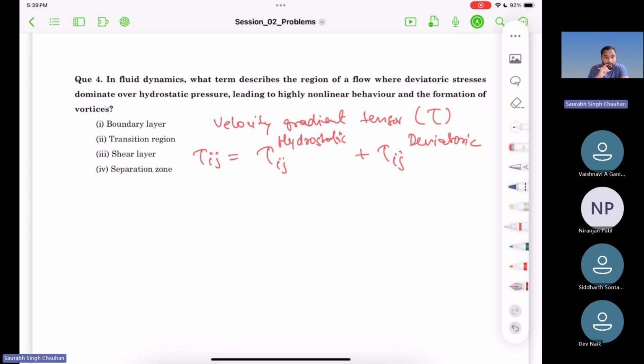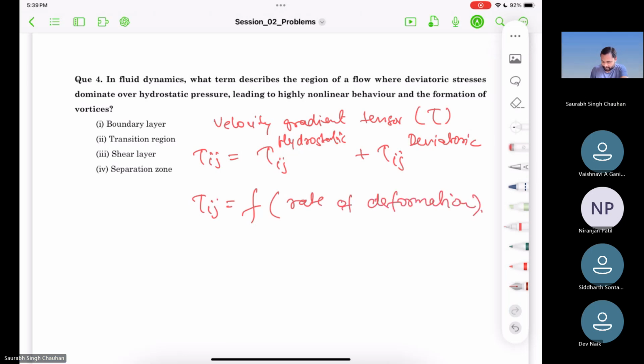So this deviatoric basically means something related to deformation. Okay. Rate of deformation. Is it clear? I hope it is clear.